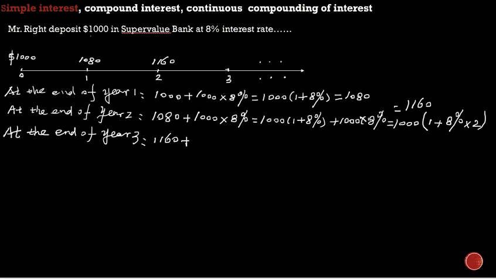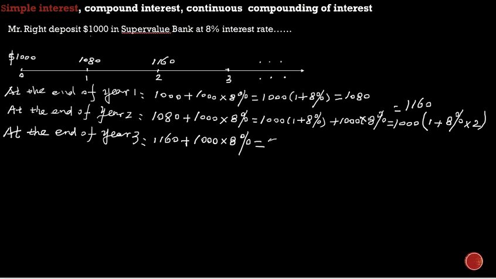We calculate the interest from the original principal. The original principal is 1,000 times 8% equals this one. This amount is this expression.